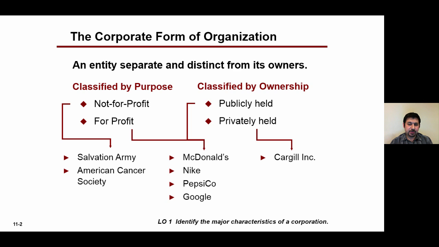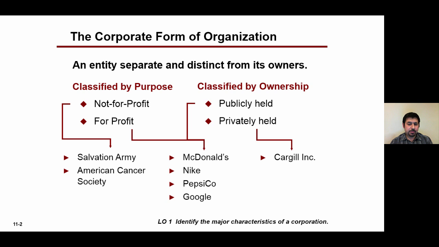The other type of classification depends on the type of ownership and whether the company is privately held or publicly held. Now, until recently, for example, Facebook was a privately held company, and when they issued their IPO and sold their stock in the stock market, they became a publicly held company.